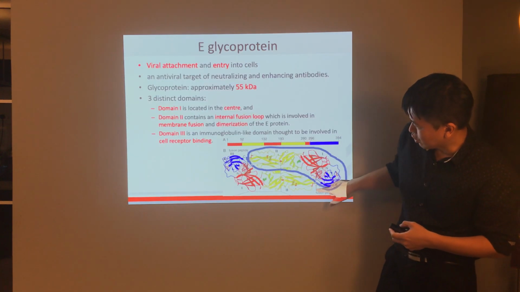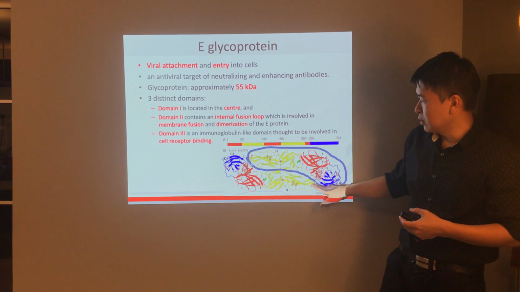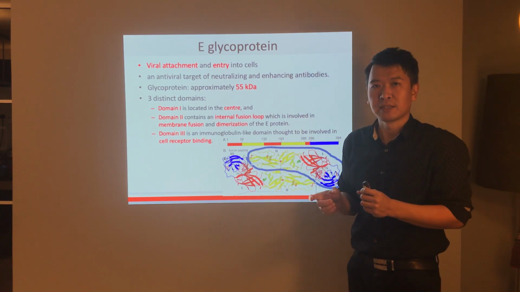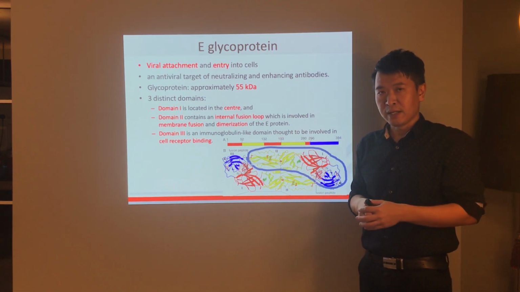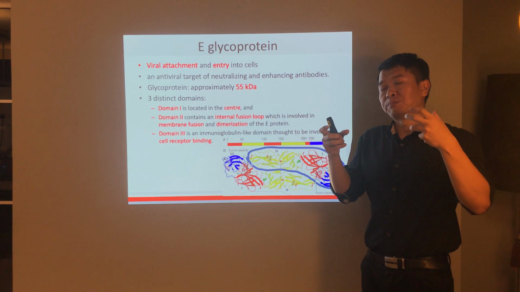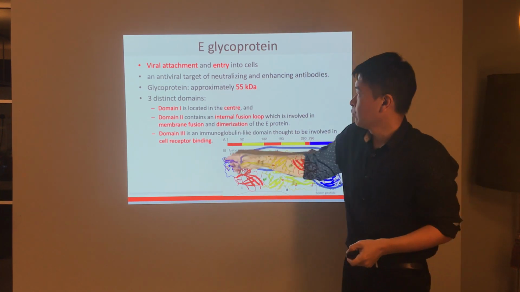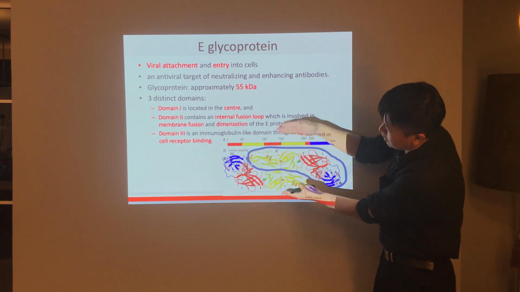You just change the green to the orange color here. Now this fusion peptide is highly hydrophobic, and the role of this fusion peptide is to make the virus fuse into the host cell. It's also important in the dimerization of the E protein.